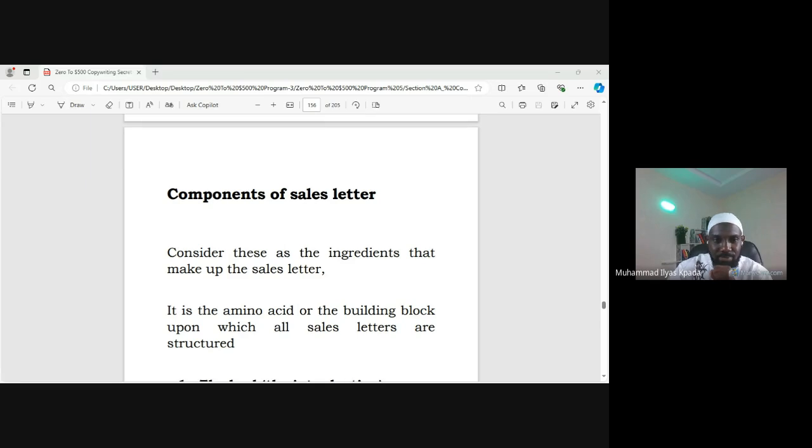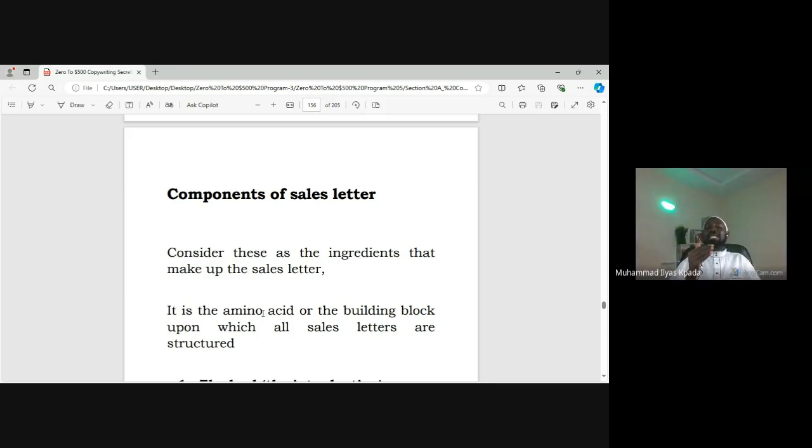All right. So, components of a sales letter. You may want to ask, what is a sales letter? A sales letter is a message that is designed to sell. Back in the days, instead of emails, they sent letters, and those letters were designed to sell.